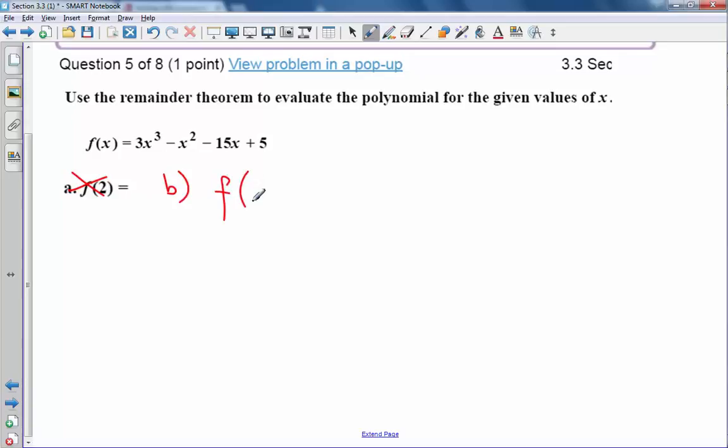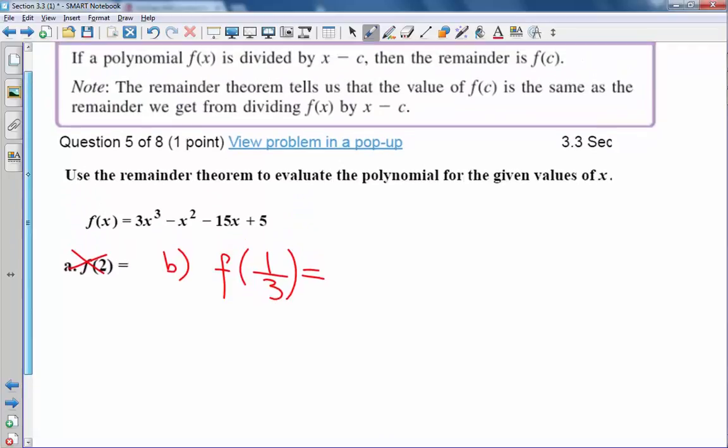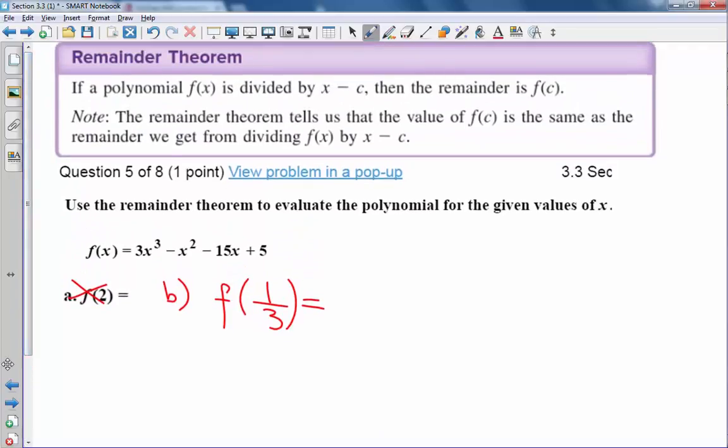How do we compute f of 1 over 3? Not by direct substitution. I know you can substitute here cube and 3 times and squared, etc. But how do we use this theorem above, the remainder theorem, to compute f of 1 over 3?